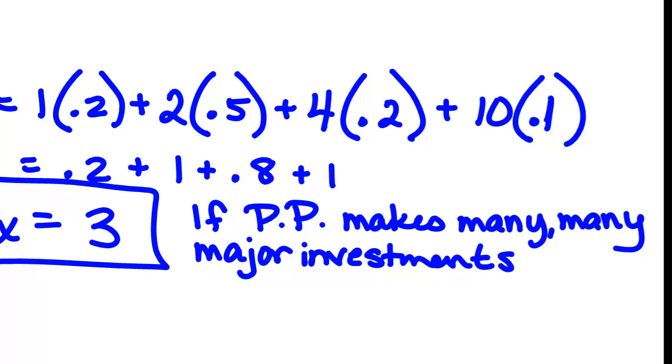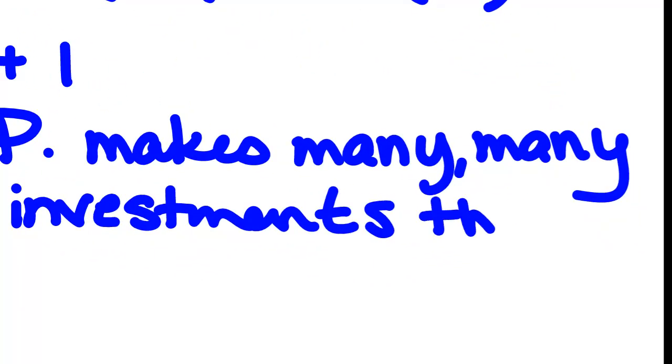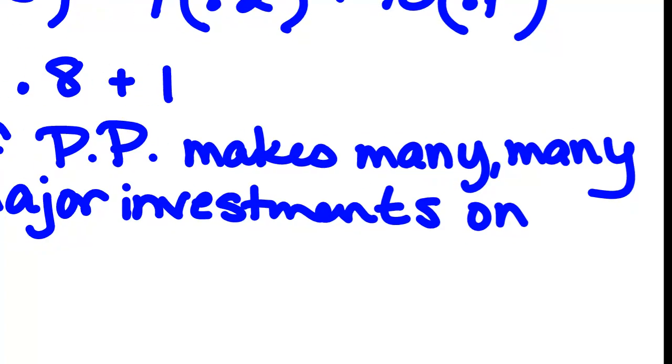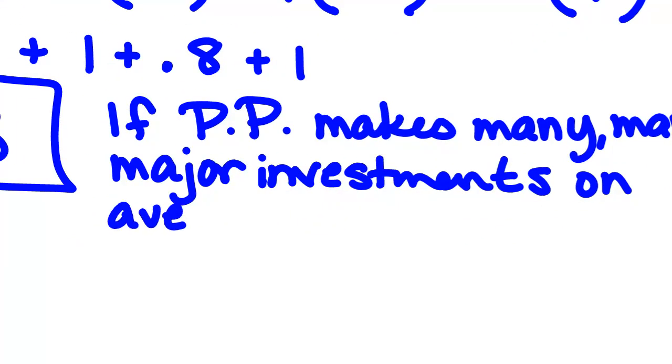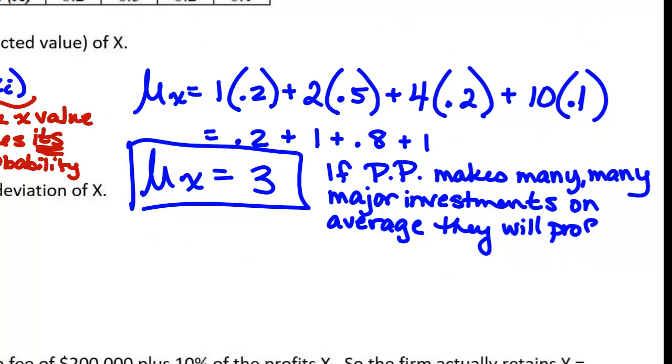X is my profit for major investments. So if they make many, many major investments, on average, they will profit about $3 million.